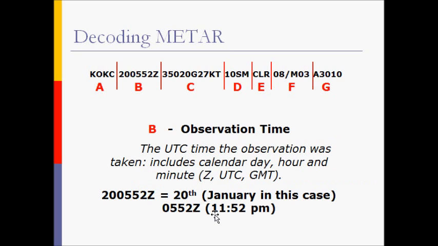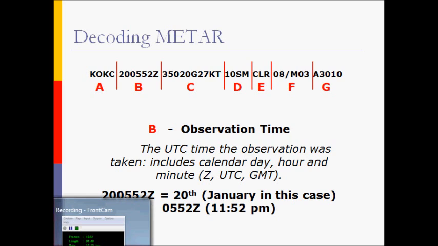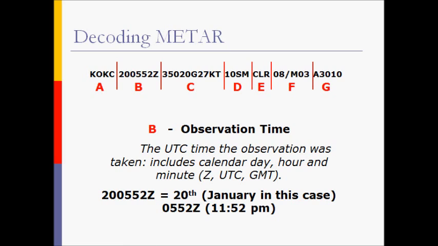Okay. The next piece of information, given by the letter B, is a string that gives information on when the observation was taken. And it is composed of 6 numbers followed by the letter Z. The first 2 numbers represent the calendar day of the month.